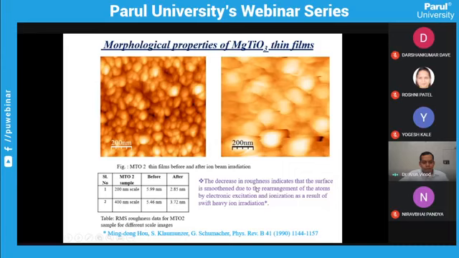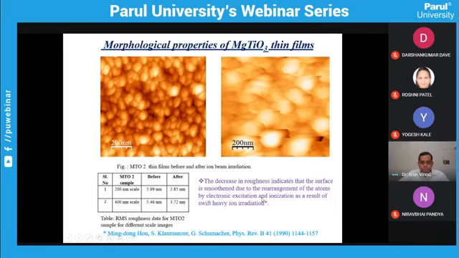We can see this decrease in the case of two scales, and there are similar reports of decrease in surface roughness. The decrease in roughness indicates that the surface is smoothened by the rearrangement of atoms, by electronic excitation and ionization because of the effect of swift heavy ions.